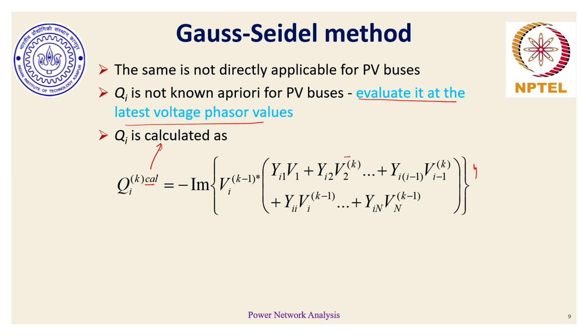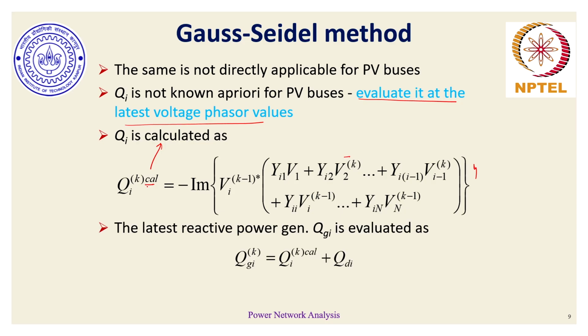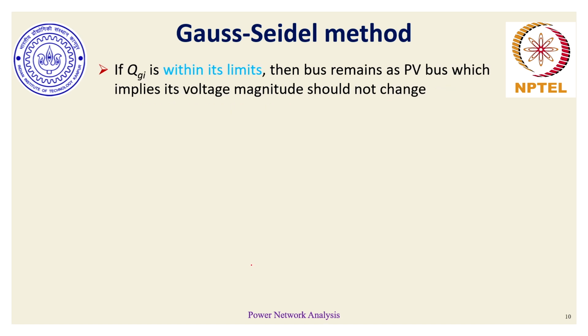For a PV bus to remain a PV bus, its reactive power injection or generation should be within a minimum and maximum limit as defined by the capability curve of the synchronous generator connected to the PV bus. So using this calculated injection, we find what is the generation at the PV bus. If QG is within its limit as per the capability curve, the PV bus remains as a PV bus. That means its voltage value remains fixed, the magnitude remains fixed.